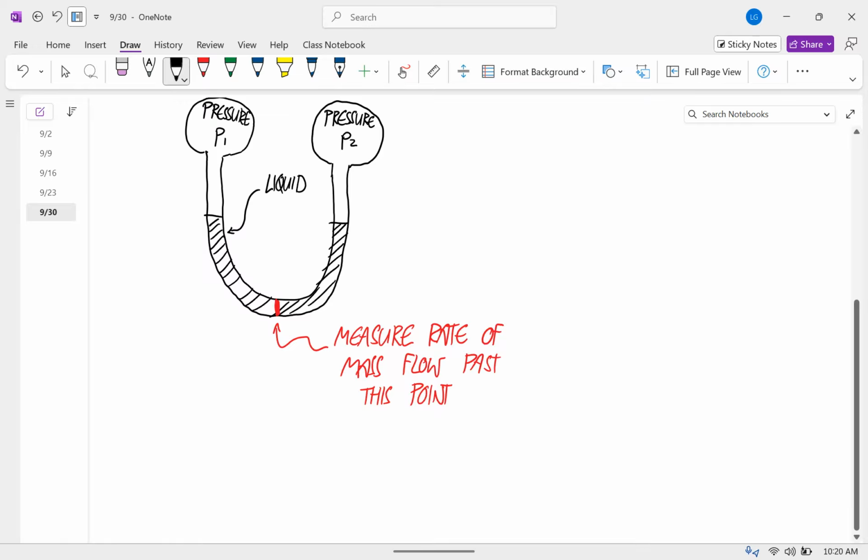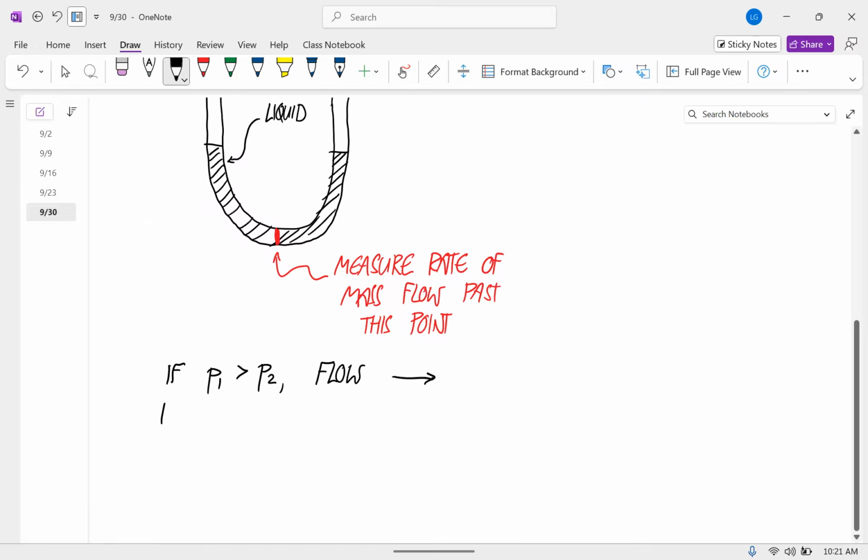So if P1 is greater than P2, you're going to get flow in this direction. And if P2 is greater than P1, you're going to get fluid flow this direction.